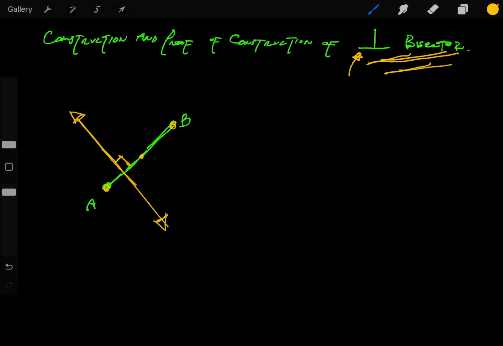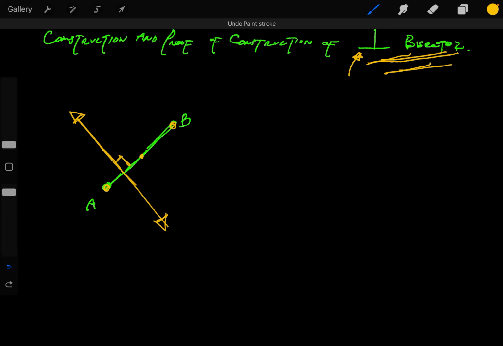It forms a right angle, but it's not a bisector, right? This line right here is perpendicular, but it is not a bisector. This side does not equal the other side, and the same thing for the other one that I just drew.